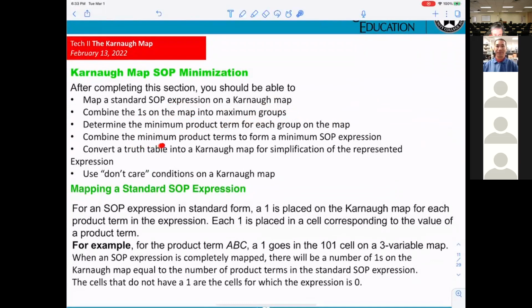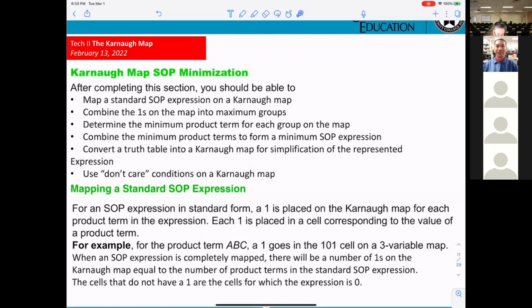Combine the minimum product terms to form the sum of product expression. Convert the truth table into a K-map, or for simplification of the represented expression, use don't care conditions on the K-map.